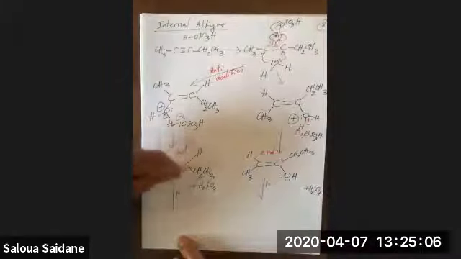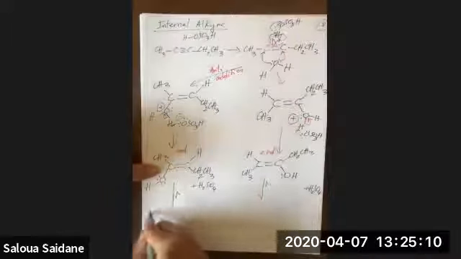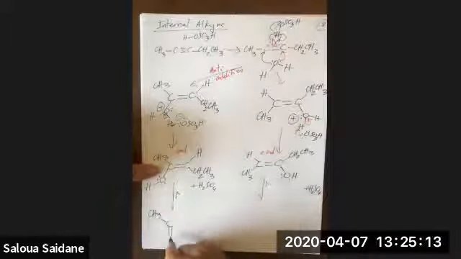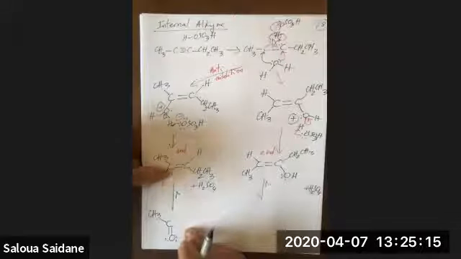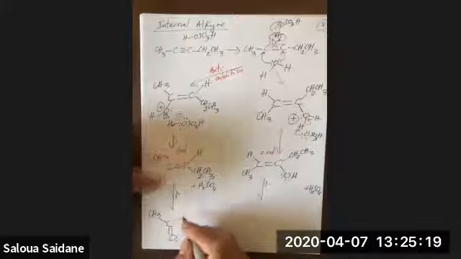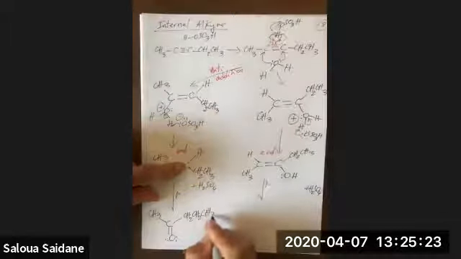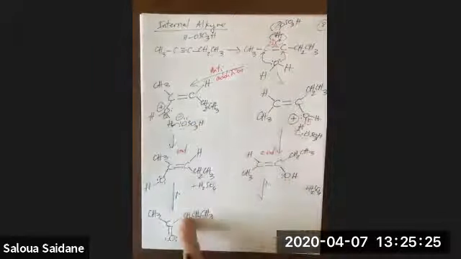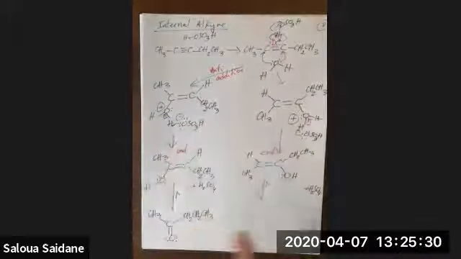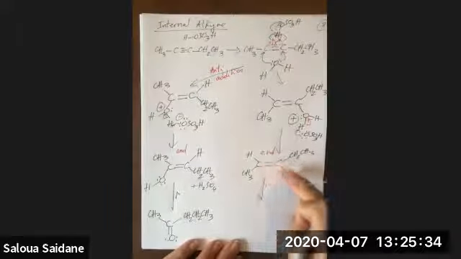So what ketone? Remember, the H moves here, the double bond moves here. So I have C, CH3, double bond O. The bond forms here and the H moves here. So I have here then CH2, CH2, CH3. This is the carbon here that had one H, and then it adds another H, so it becomes CH2. On this side, this H moves here, and the double bond moves here.